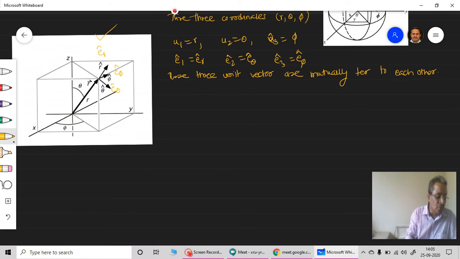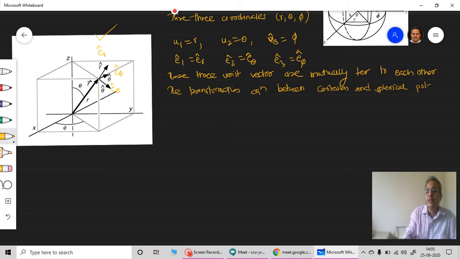One more thing we have to remember here is the transformation equations. We have to use the transformation equations between Cartesian and spherical polar coordinates. These are known to us.